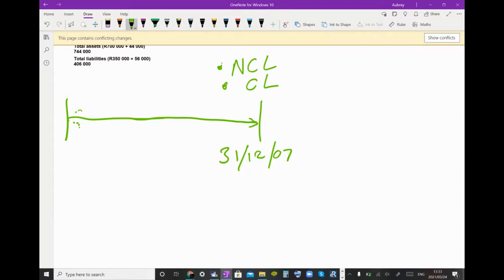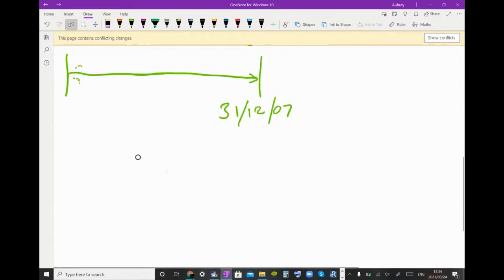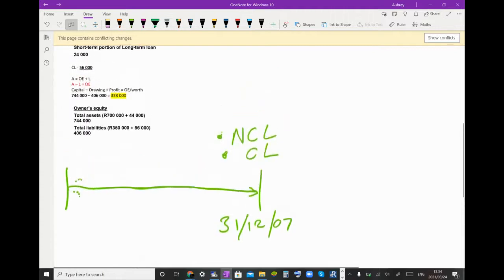Assume that Peter is a sole trader and that his business's financial year runs from 1 January to 31 December. Okay, right. So in other words, let's do this. No, let's do this.